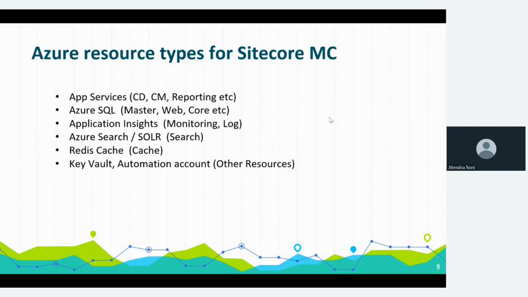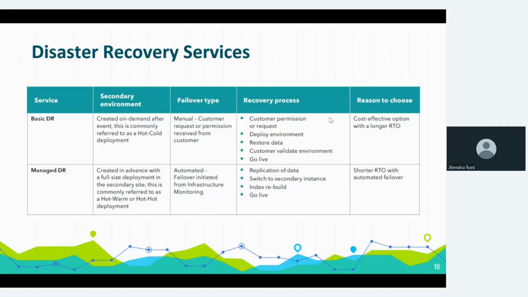Because if your database is not there, it will not perform anything. So we need to make sure that not only app services, but all your Azure resources are properly reviewed, and identify what would be the HA strategy and what would be the disaster recovery strategy for these resources. We'll discuss these things in the next section.